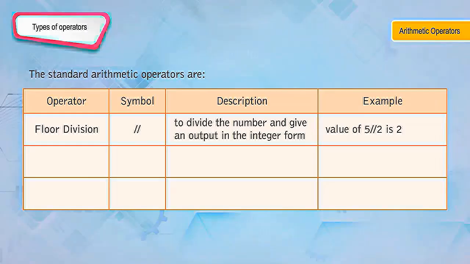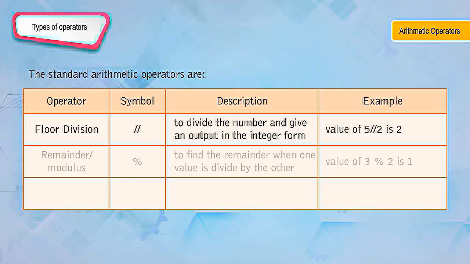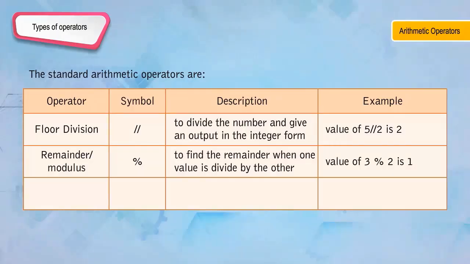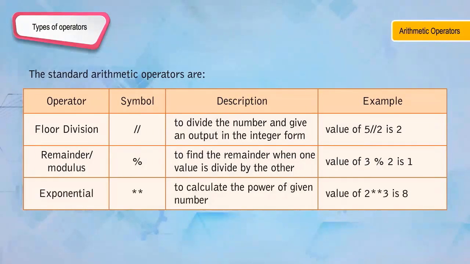The value of 5 // 2 is 2. Remainder, modulus, to find the remainder when one value is divided by the other. The value of 3 % 2 is 1. Exponential, to calculate the power of a given number. The value of 2 ** 3 is 8.